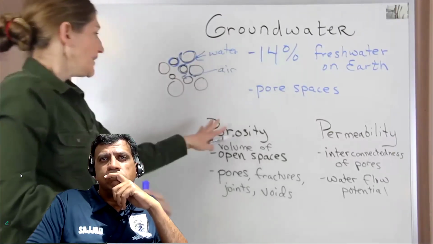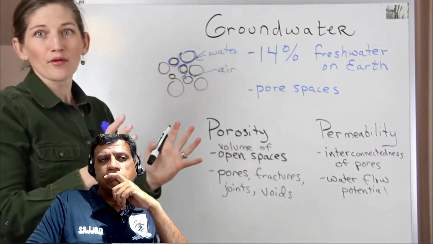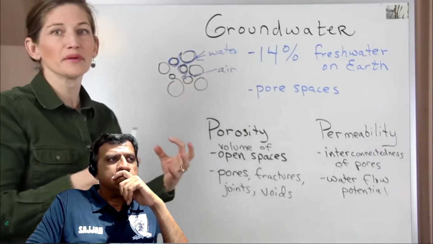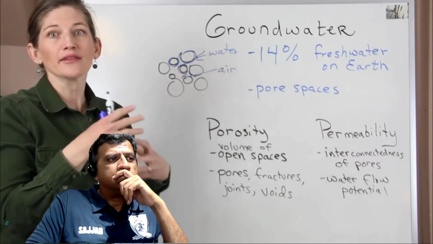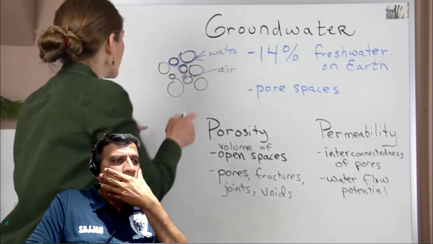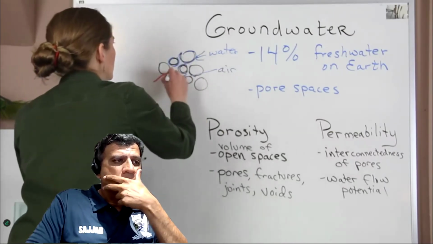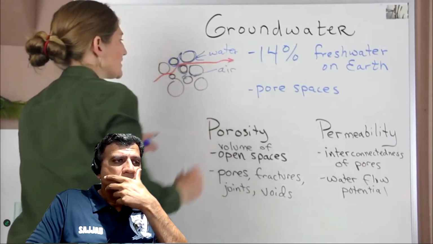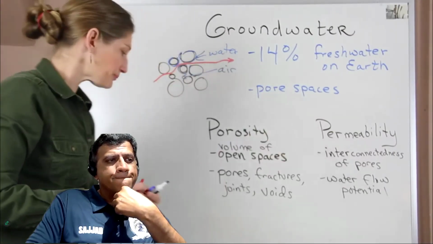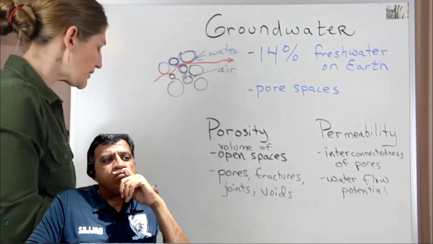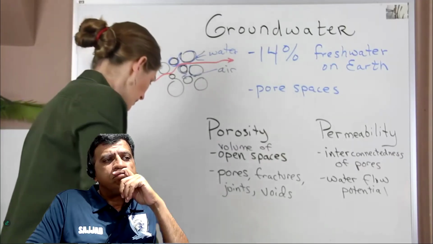Now, depending on the size of the grains and their shapes, these pores will be bigger or smaller, and then they'll be more connected. So if the water can easily move through, that tells us about the permeability. Okay, so when we go and we try to understand things, a couple things to remember.